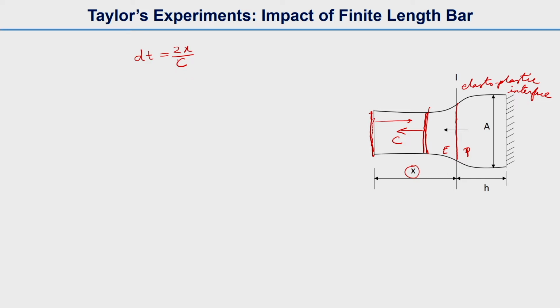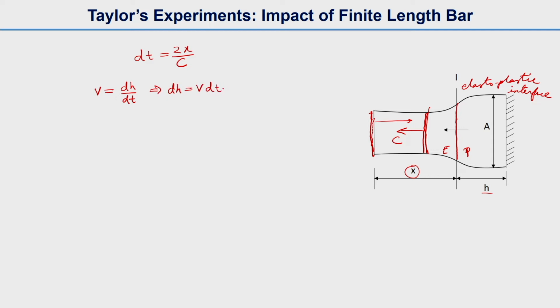So this is twice x by c, and for the velocity of plastic wave propagation, that is v, we know that it can be written as dh by dt, because h is the thickness of the plastic zone. So we are talking of the same time interval dt. Suppose we have dh equal to v dt.